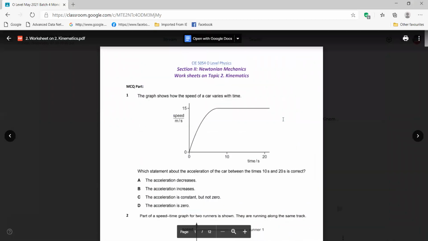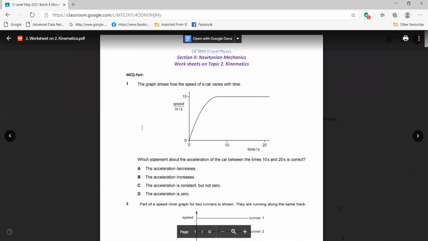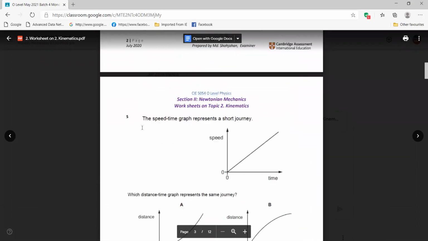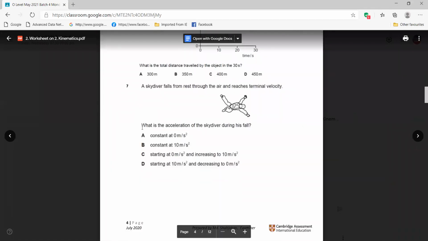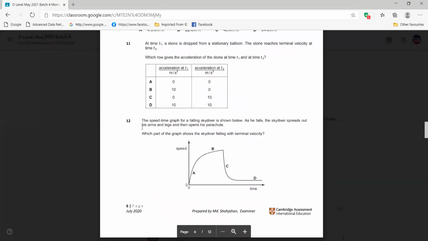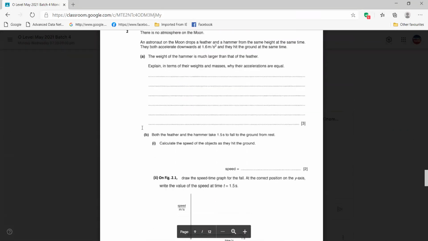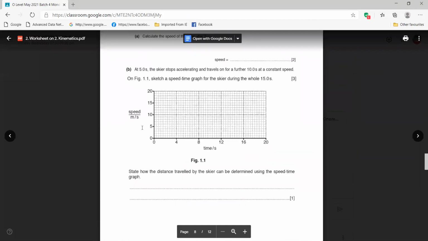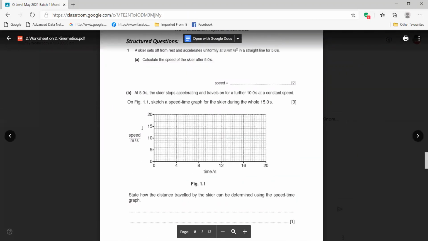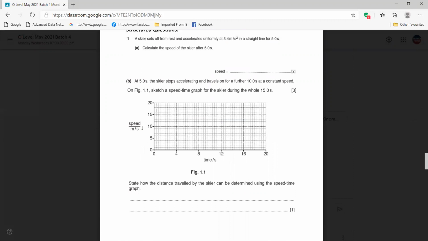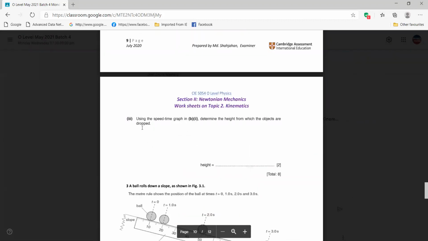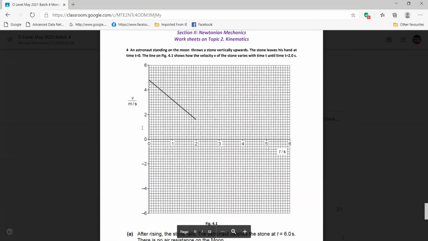Here is the worksheet. We are talking about this one, right?